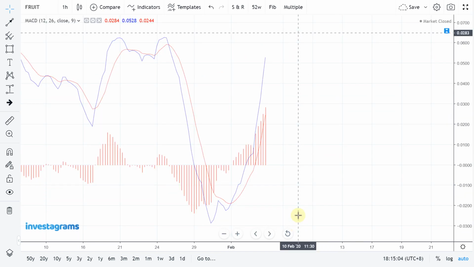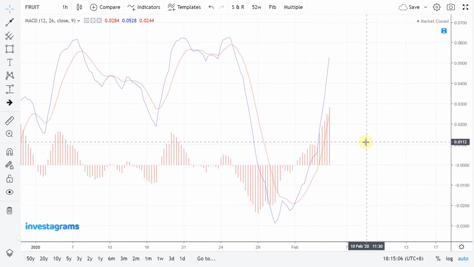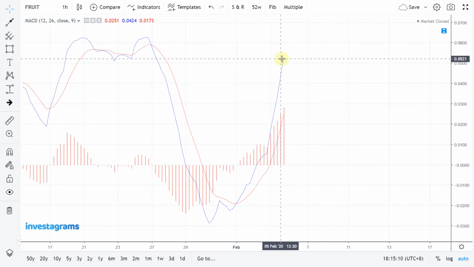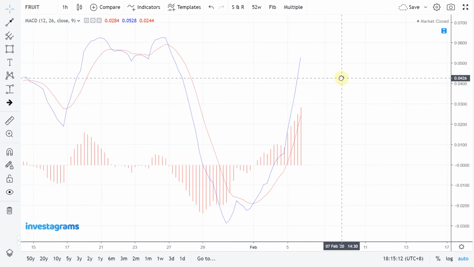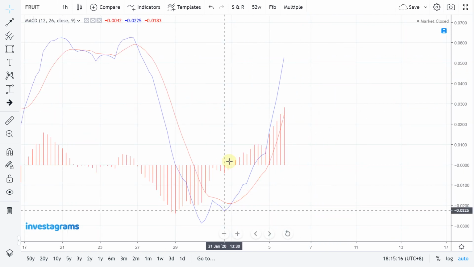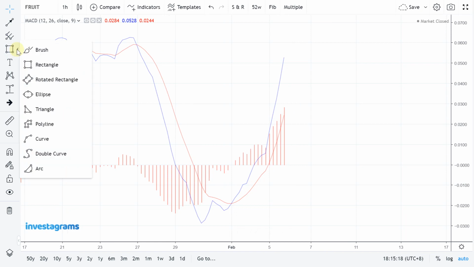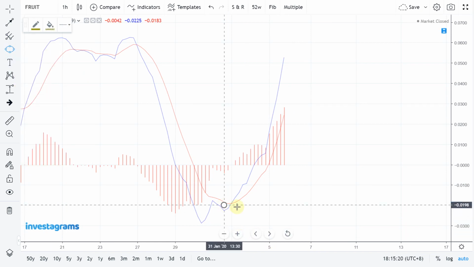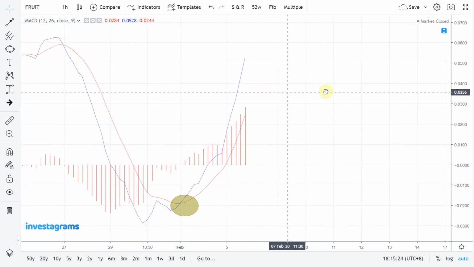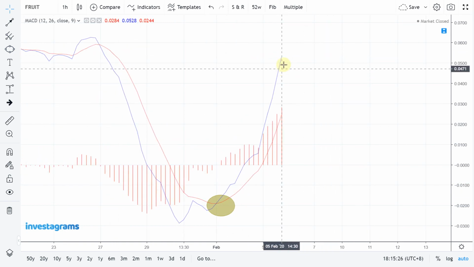Then for MACD, sa 1 hour chart, medyo hindi rin maganda kasi medyo mataas na yung blue line natin sa red line. Ibig sabihin, kung di tayo nakabili rito sa part na to, mapopomo tayo dito kung dito tayo bibili.